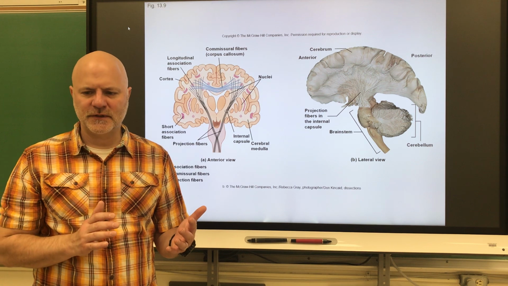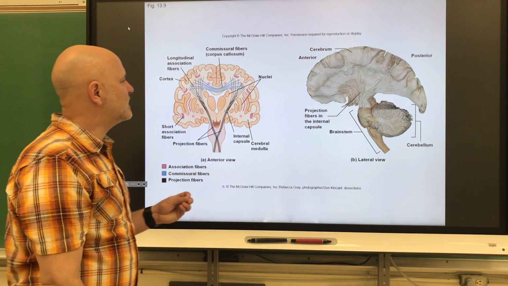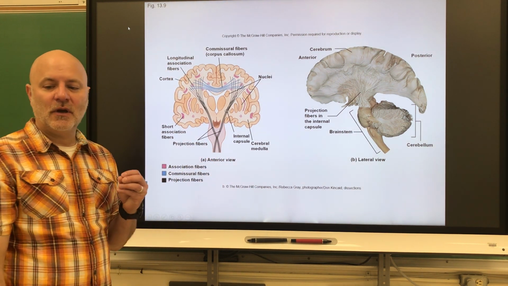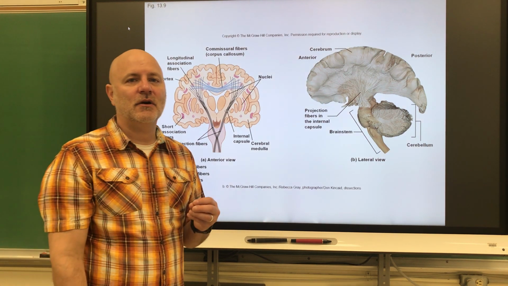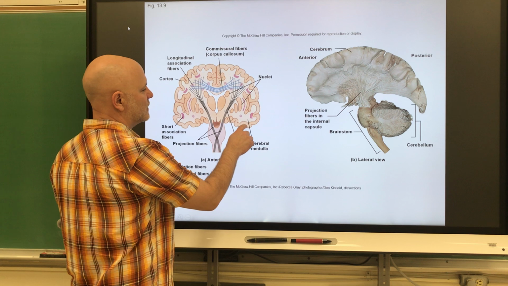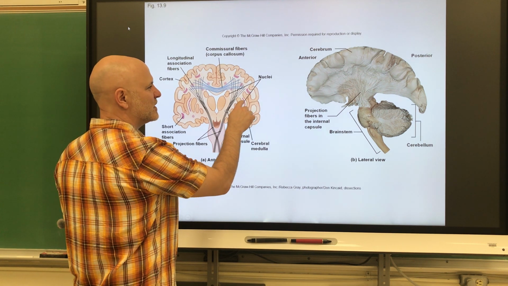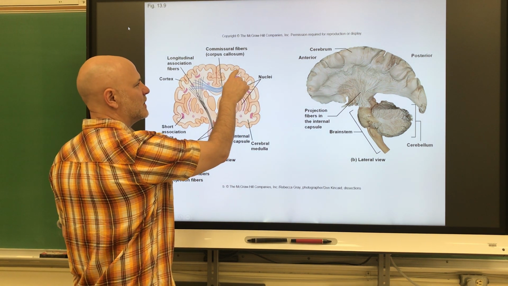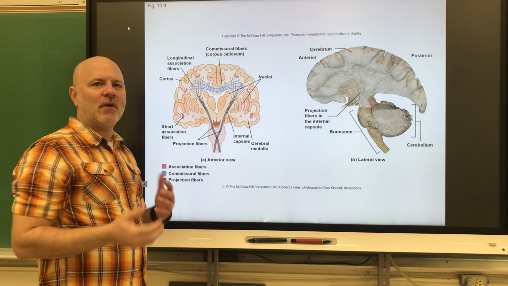We're sending impulses. So the reason that we have all these grooves and ridges in our cerebrum is it adds surface area. And what's on the surface of our brain is gray matter.